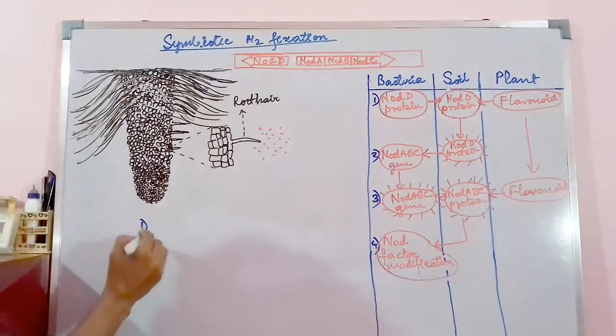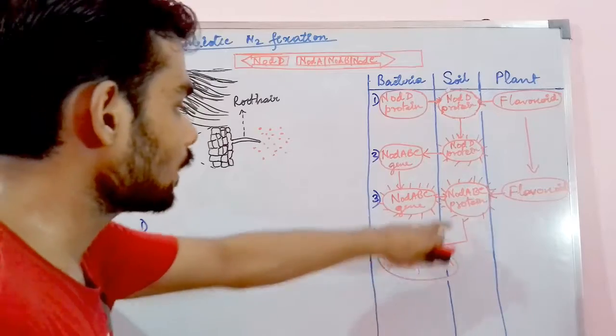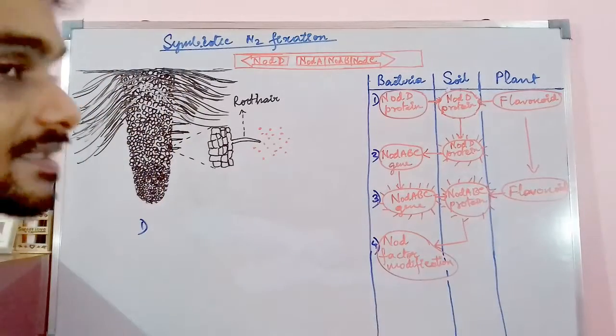In the first step of the node factor modification, the node ABC protein is actually a complex of enzymes.